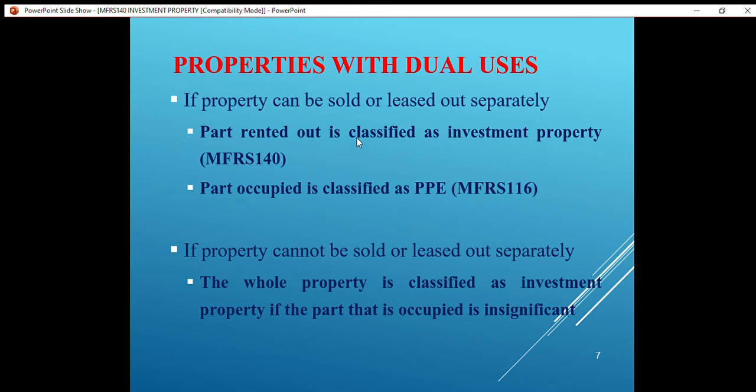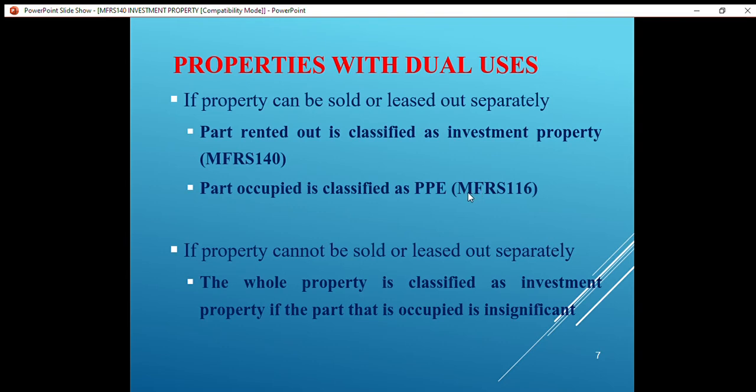For example, just now, we have a building with 10 floors. The first 2 floors are used for administrative office, while the remaining 8 floors are used for rental. So the 8 floors that are used for rental can be classified as IP. But the part which is occupied as administrative office should be classified as PPE under MFRS 116.